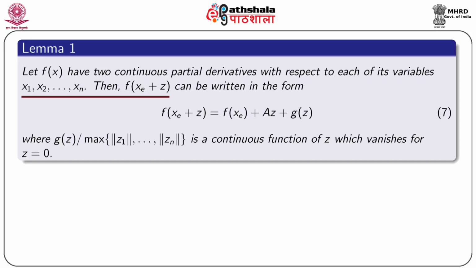Then f(x0 plus z) can be written in the form f(x0 plus z) is equal to f(x0) plus Az plus g(z), given by equation 7, where g(z) divided by the maximum of norm z1, norm z2, ..., norm zn is a continuous function of z which vanishes for z equal to 0.